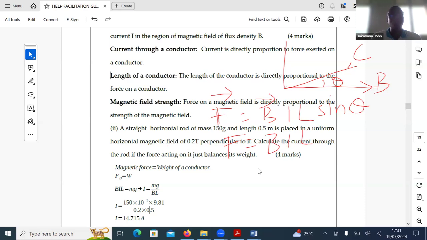I think this is an absolute measurement of current. The weight of the rod.